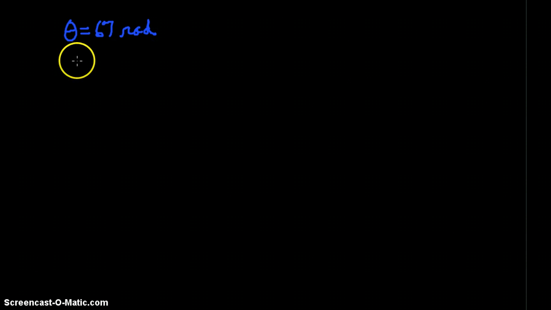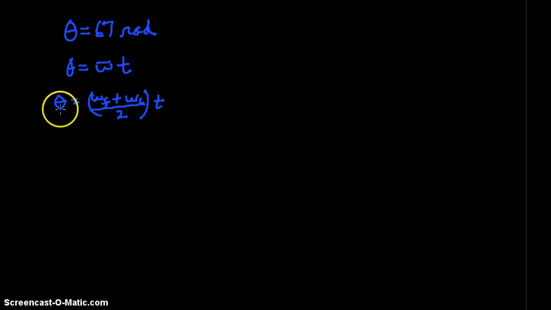And then in this method, you can solve for the time first. You might recall that the average was the final velocity plus the initial velocity divided by 2.